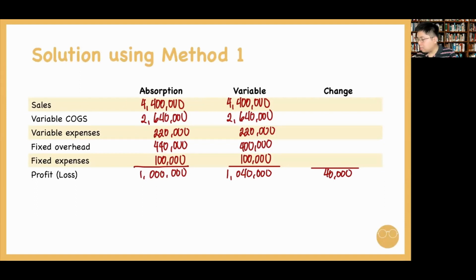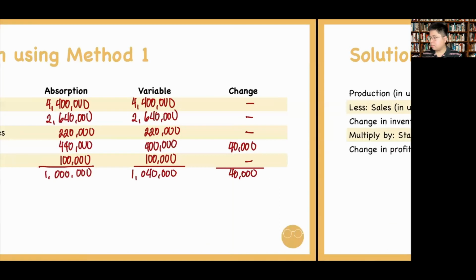Sales is the same, variable cost of goods sold is the same, variable expenses is the same, fixed overhead differs by 40,000, and fixed expense is the same. We can now be certain that the difference between variable costing and absorption costing is due to the difference under the fixed overhead.